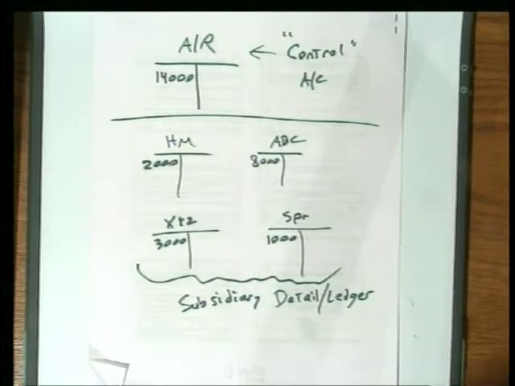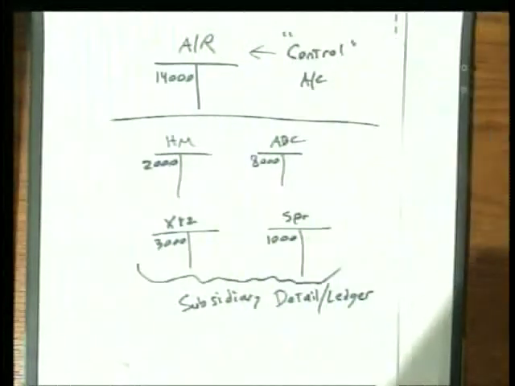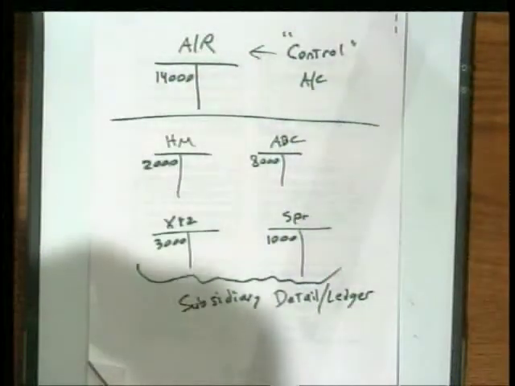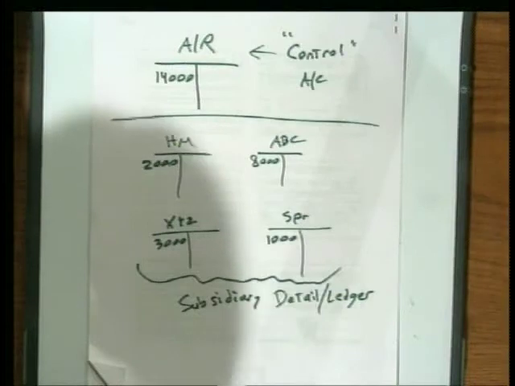Now, let's say that a customer, XYZ, pays us $500 cash on the amount that they owe us. Let's take a look real quick at what that journal entry would be. I think we know.